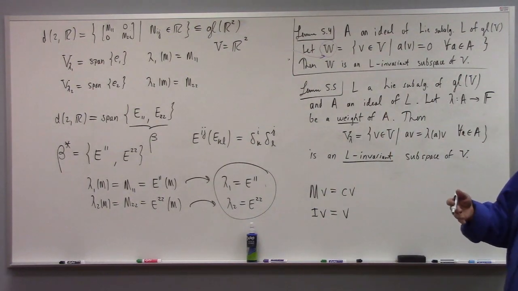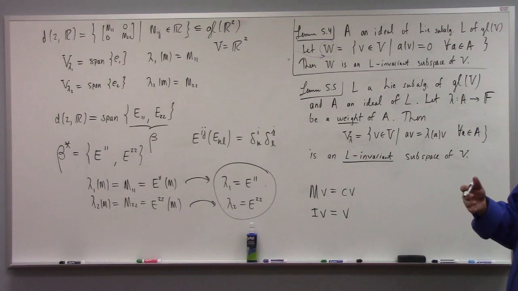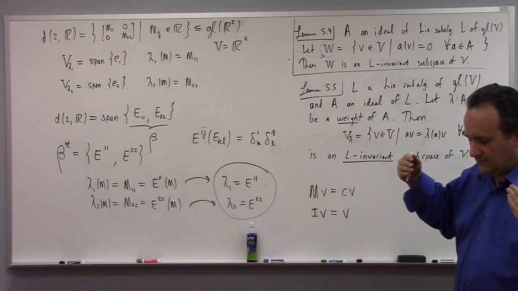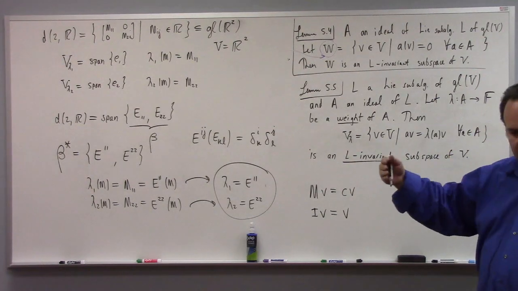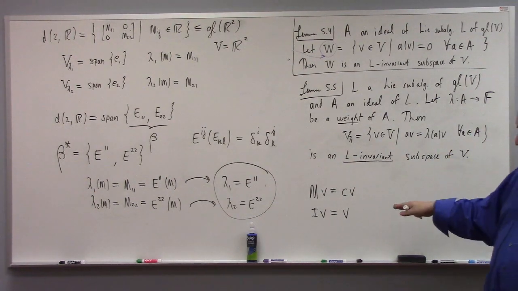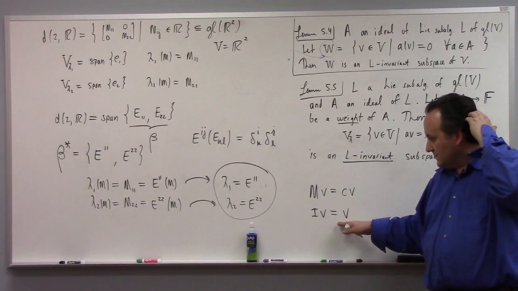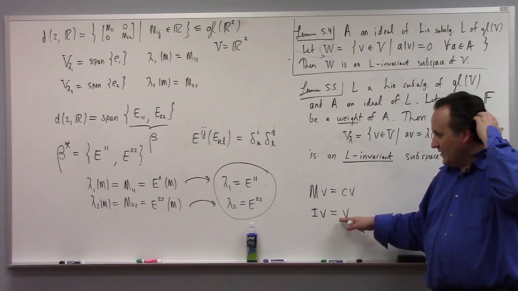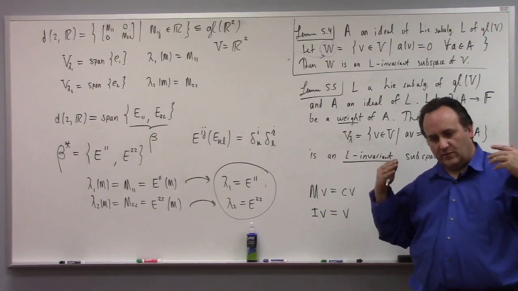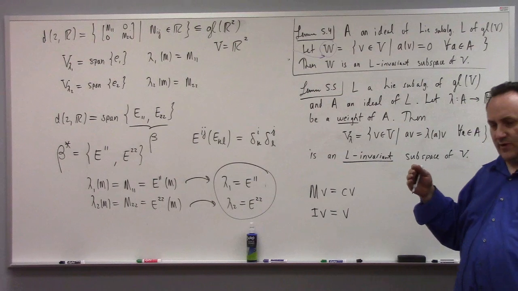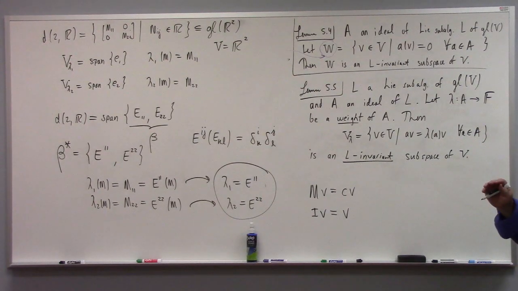But that's not terribly relevant to this discussion, because what we're trying to do is find eigenvectors across the totality of the algebra. So the fact that this one has a larger class of eigenvectors doesn't matter. I'm looking for common eigenvectors across the whole of the algebra, which is a more complicated problem.